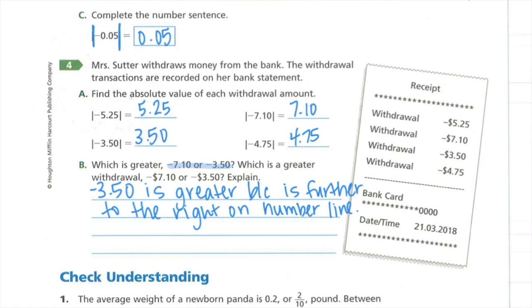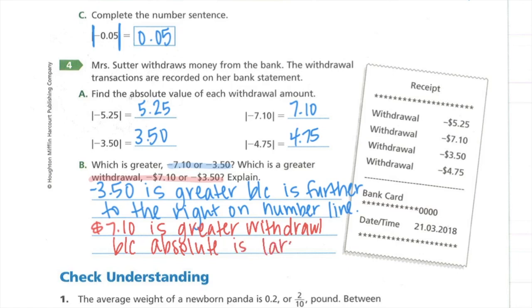Then it asks us which is a greater withdrawal, $7.10 or $3.50. So when you think about that, which one is taking more money out of your bank account? And in that case, $7.10 is a greater withdrawal, because the absolute value is larger.